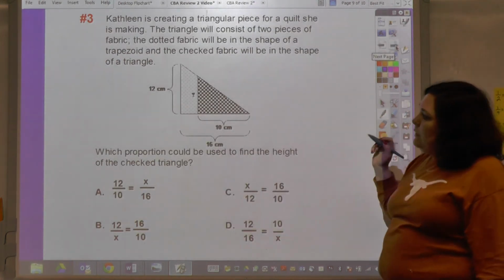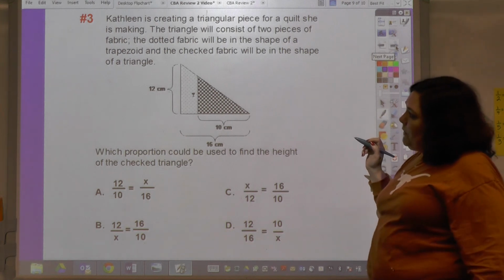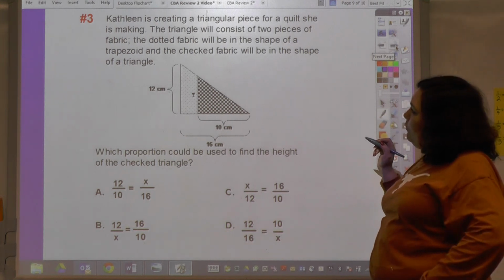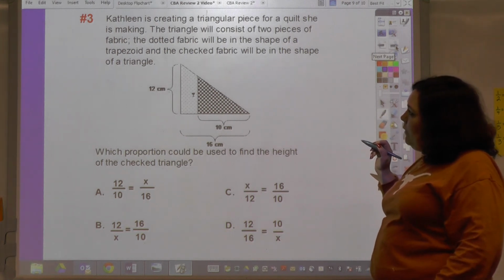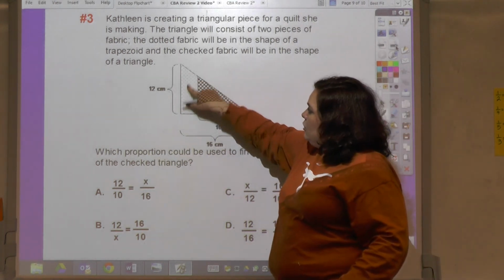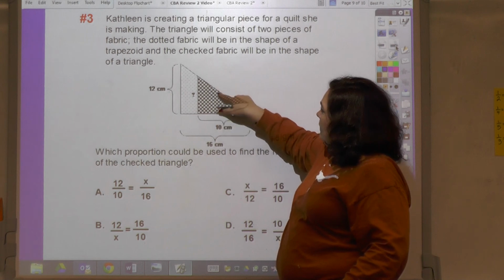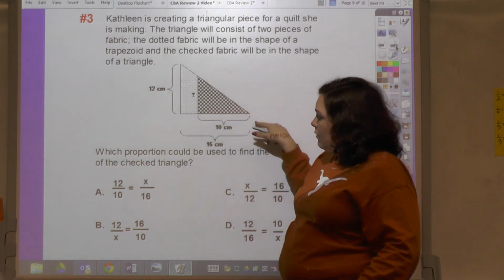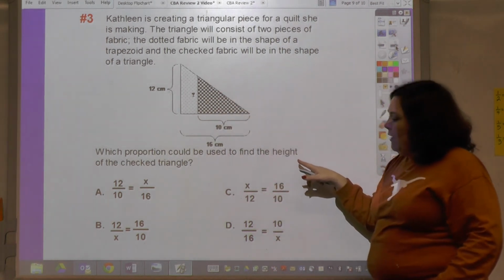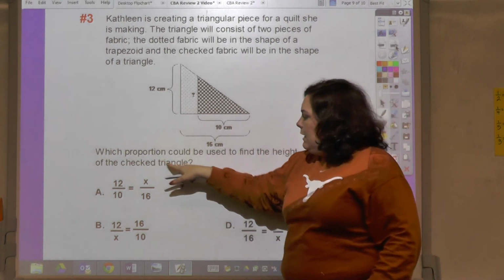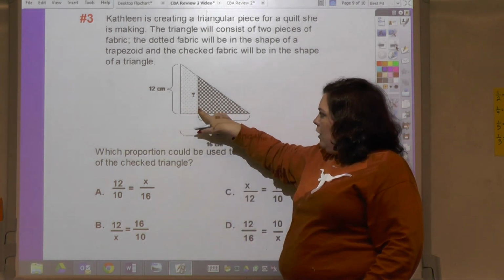And then this is one of the similar triangles. Kathleen is creating a triangular piece of quilt she is making. The triangle consists of 2 pieces of fabric, the dotted fabric that will be in the shape of a trapezoid, and the checkered fabric that will be in the shape of a triangle. Which proportion can be used to find the height of the checked triangle? So you're trying to find this height.